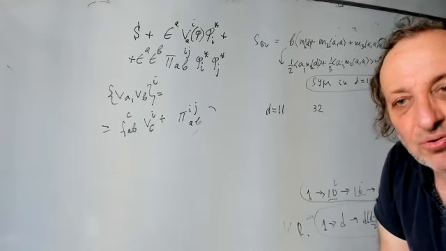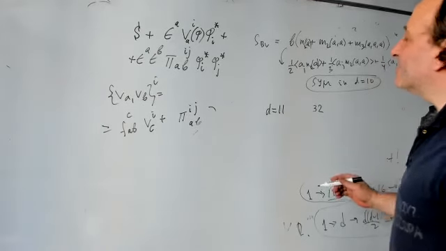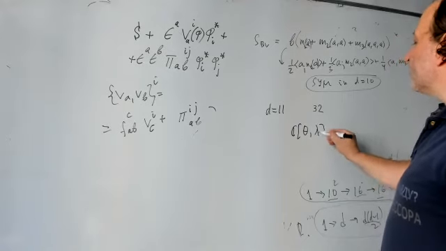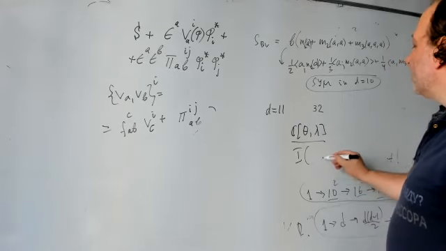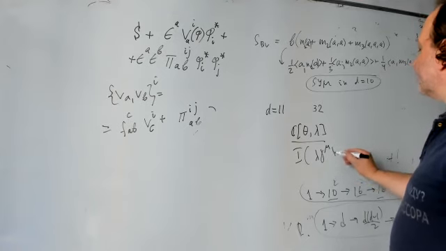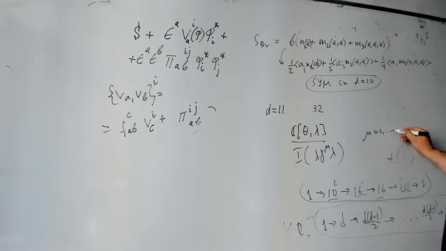We need to take both left and right, and consider a similar construction, absolutely similar, where mu goes from 1 to 11.